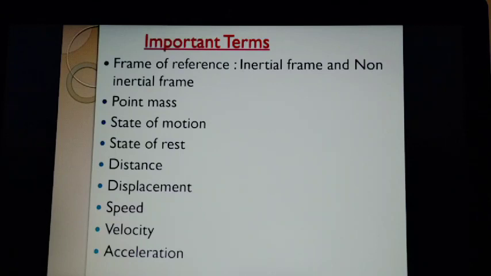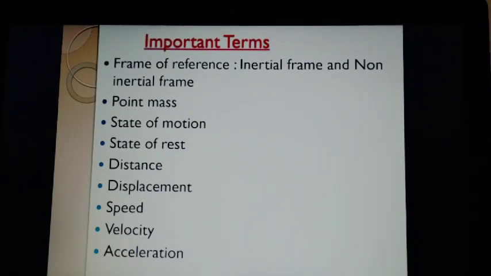Pressure is a scalar quantity or vector quantity, that is up to you. So we can have different terms that can be classified as scalar quantities and vector quantities. All these matters you have already learned.